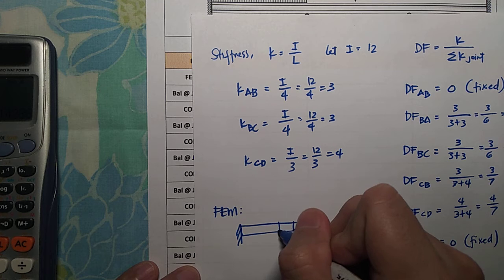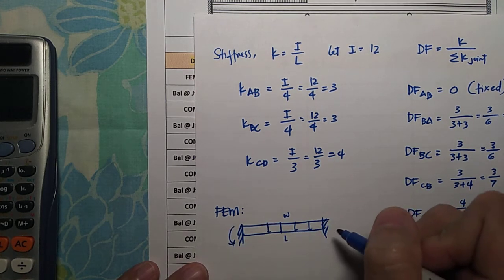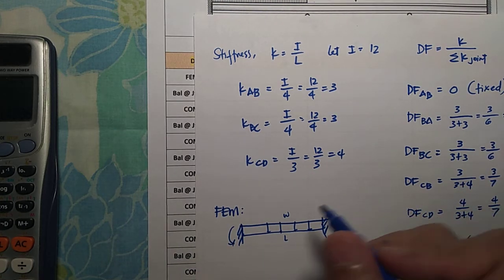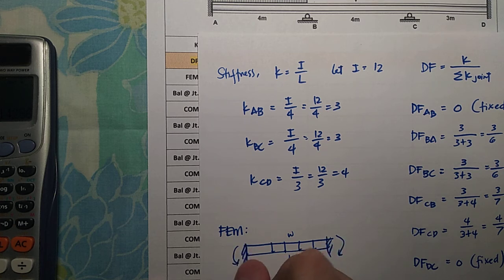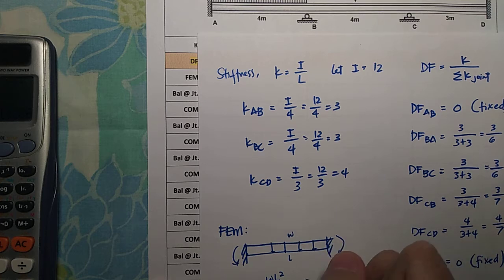What's the fixed end moment for a uniform load? The fixed end moment to the left is counterclockwise, and to the right it is clockwise. So the FEM on AB is equal to WL squared over 12. And this is counterclockwise, so that's positive.